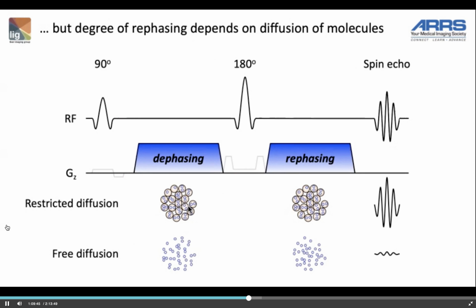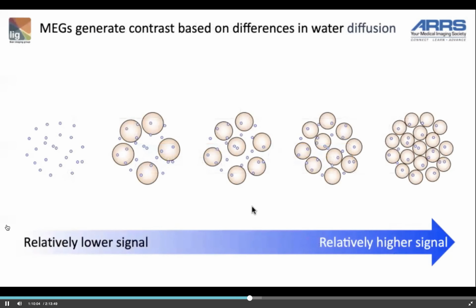On the other hand, if you have restricted water, for example, water that's stuck within hypercellular tissue, then the water is in a very similar location when you apply the rephasing gradient as the dephasing gradient, and the rephasing gradient is able to rephase the water and you get a strong signal. So basically, what the motion encoding gradients do is they generate contrast based on differences in water diffusion.